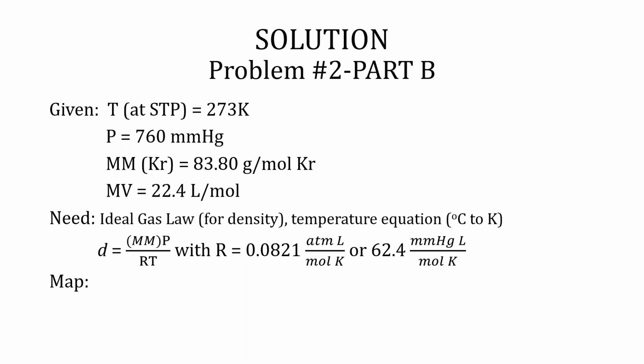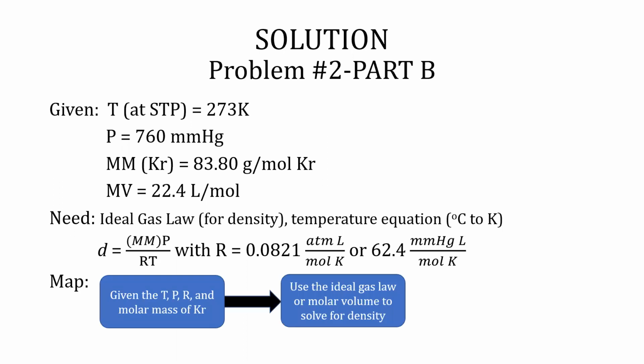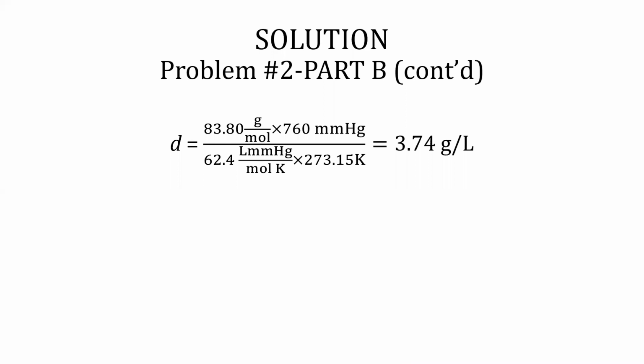The map is to first take the given T, P, R and molar mass of Kr, and then using the ideal gas law or molar volume, solve for density. After plugging in the values in the density equation, density is 3.74 g per L.